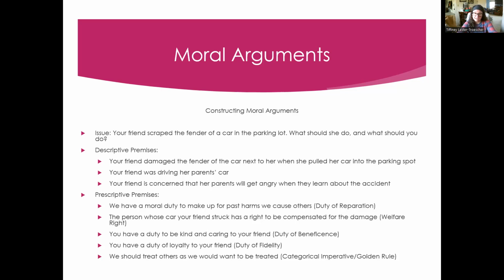But you don't want to shame her or guilt her into feeling that way. You have to go through all of these different prescriptive premises to see what they can lead to. If they can lead to a compromise that is going to allow her to do the right thing without fear, right? So we've got these different duties, making up the duty of reparation, the welfare right, and the categorical imperative.